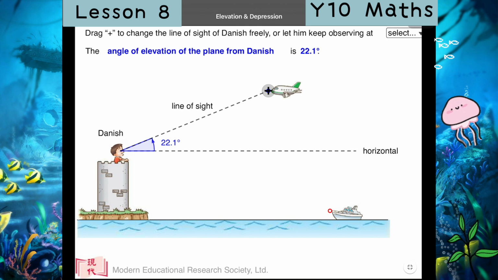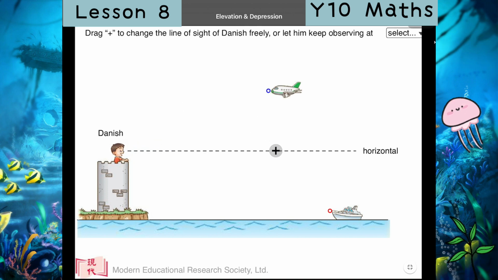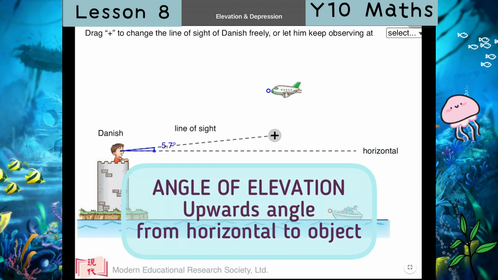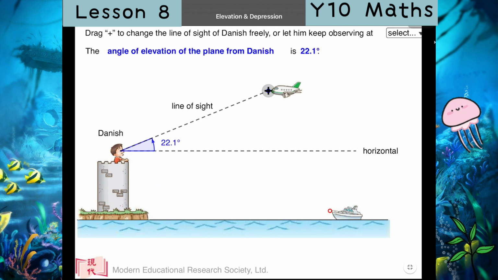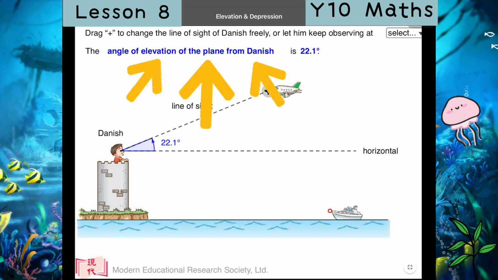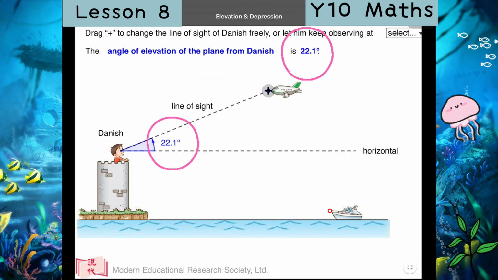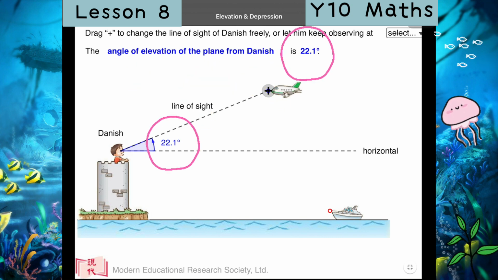Like I said just now, the definition of angle of elevation is the upwards angle from horizontal to the line of sight, to the object. In this case, the object is the plane. So this angle we form is 22.1 degrees. The angle of elevation of the plane from Danish is 22.1 degrees.